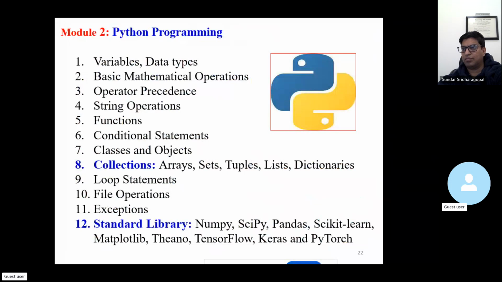Matplotlib is a library. If you want to generate n number of graph-oriented visualization graphs, you can generate pie chart, bar chart, line chart, and various kinds of scatter plot with the help of Matplotlib. Theano is an artificial intelligence library.